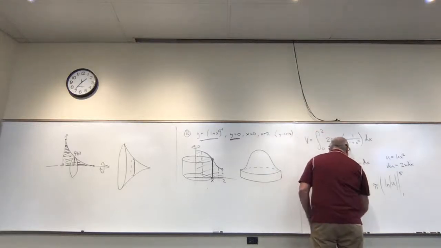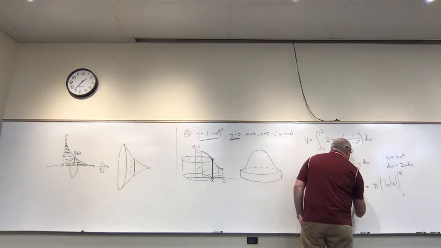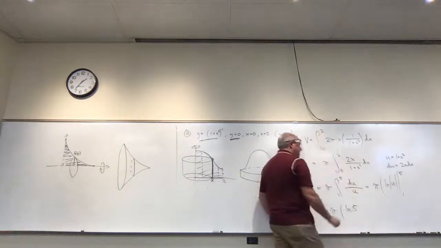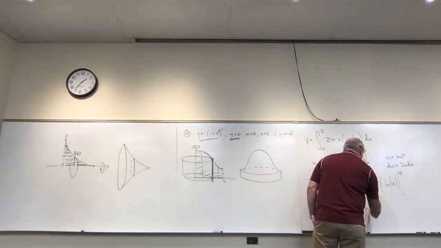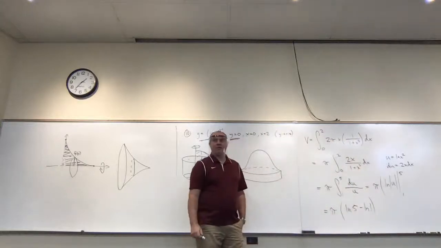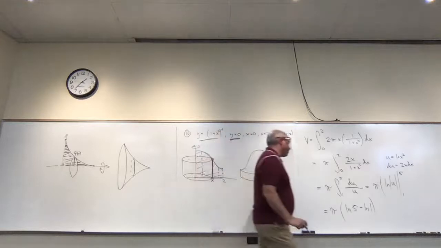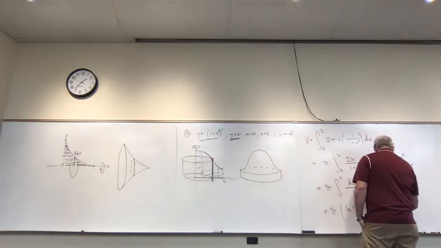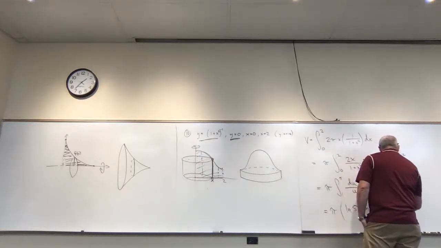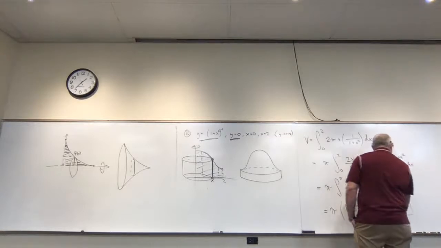I already wrote pi. Pi times ln of 5, or absolute value of 5, which is 5, minus ln of 1. And what's ln of 1? Close. 0. Yeah, 0. So this is just ln of 5 times pi. And we're done.